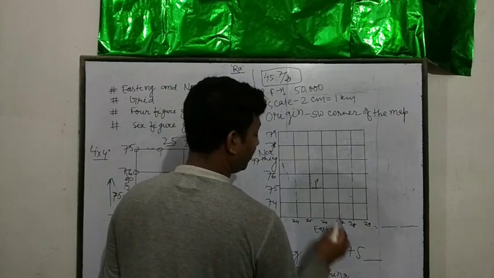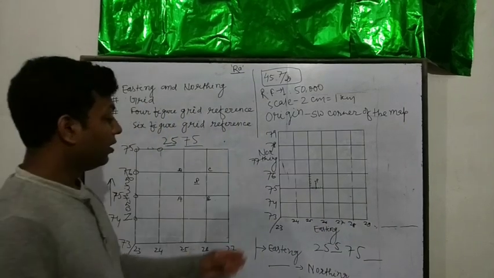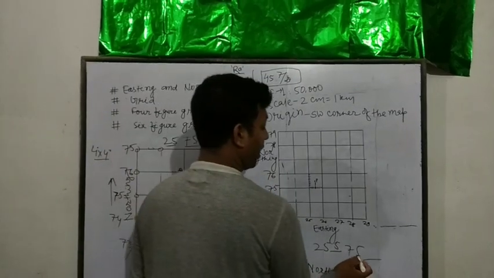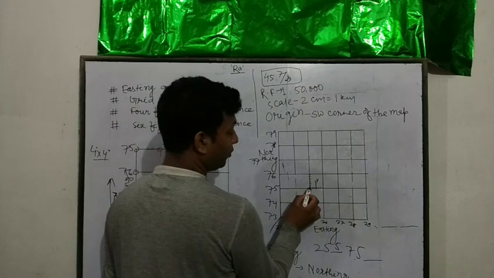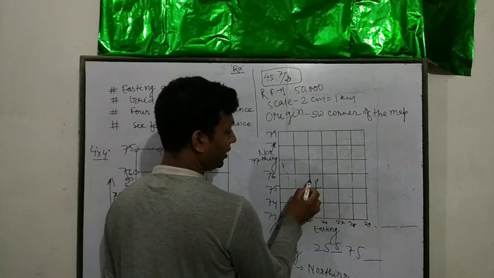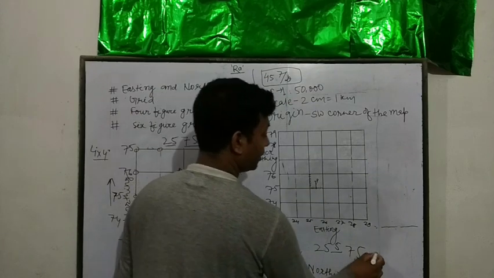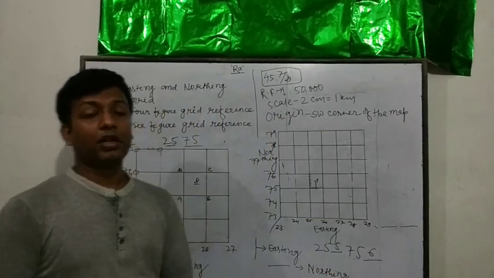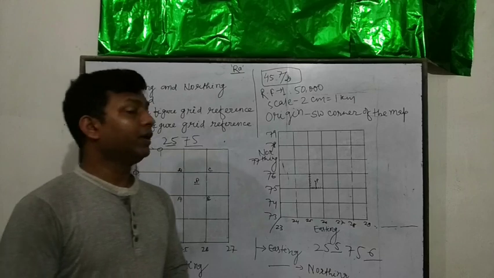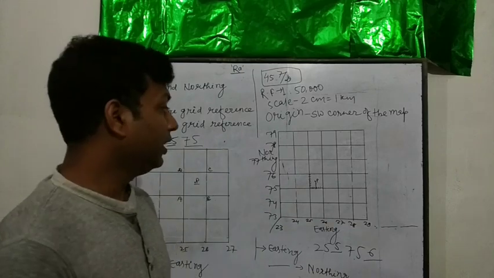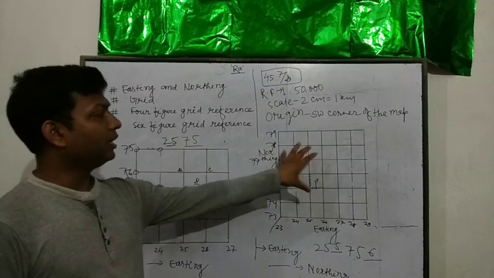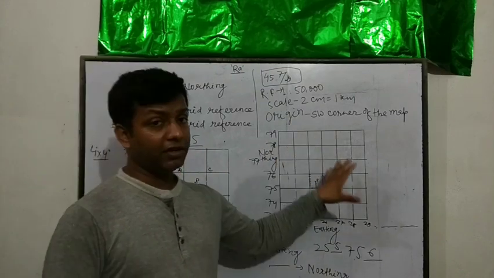So here we write 5. And here 73, 74, 75, and after 75 we have to count 1, 2, 3, 4, 5 and 6. So here 6. This is the 6-figure grid reference. I hope you will understand easily. You can figure out the 4-figure grid reference and 6-figure grid reference easily.